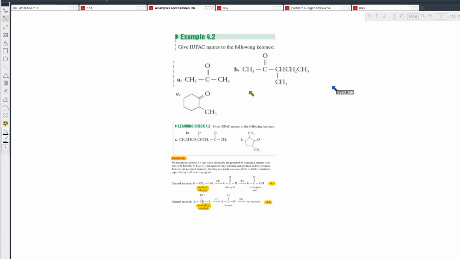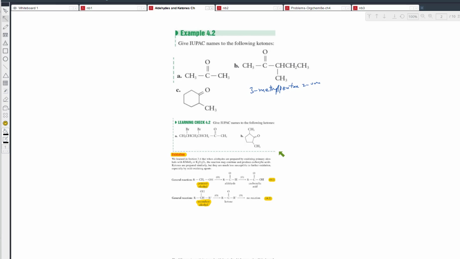You're right: 3-methyl-2-pentanone. Of course, because I'm following your book, the old book system. But nowadays they write 3-methyl, then pentane, and then 2-one. This is also correct, so 2-pentanone is okay.